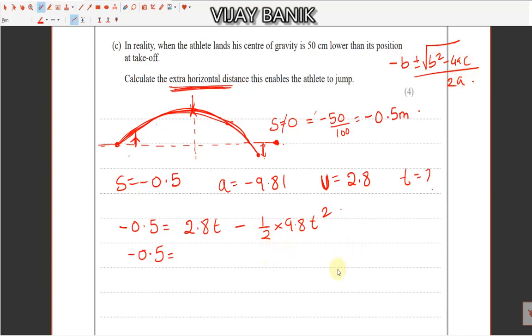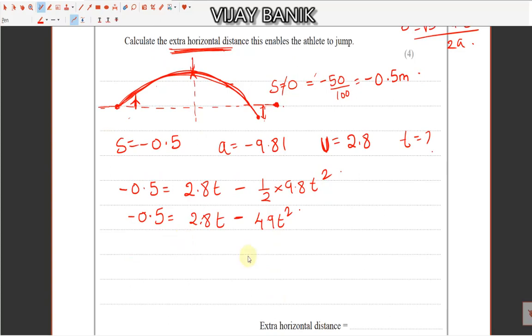I'll show you which is a, b and c. So 2.8t minus 9.8 divided by 2, how much is it? 4.9t square. Bring everything together to make your t square positive. So 4.9t square minus 2.8t minus 0.5 equals 0.